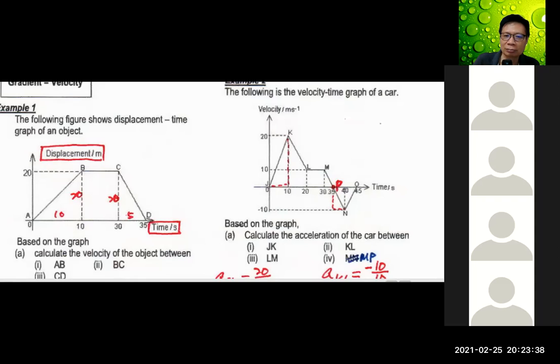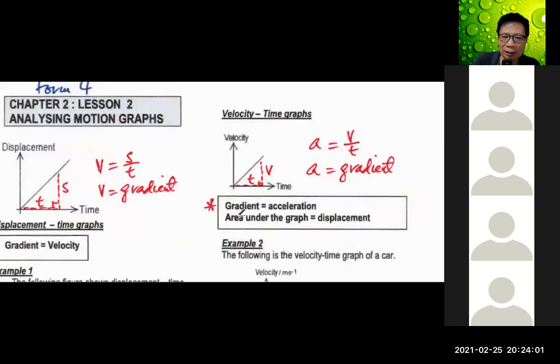Okay, Jonathan, can you hear me? In the second graph, the velocity time graph, how to calculate displacement? The area under the graph. Yes, you calculate the area under the graph. You want to find displacement, you go and find the area under the graph. Hui Ling, understand or not? Yes. Understand. Okay, good.